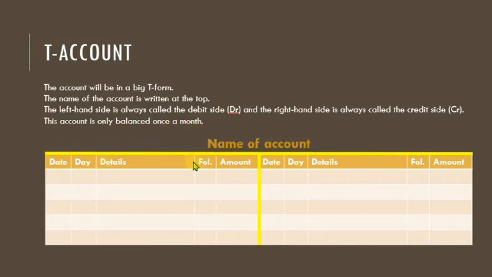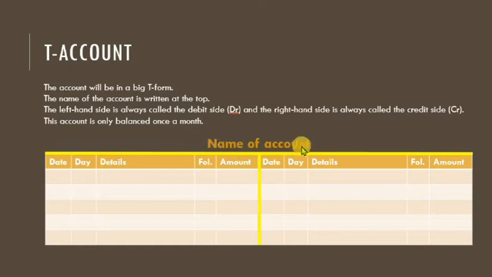And then our left-hand side is the debit and our right-hand side is the credit. And these accounts are balanced once a month at the end of the month. Some of them at the end of the year, but for now, we will balance them at the end of every month, but we are not going to do it today already. So you have to remember you have a little T or a big T.